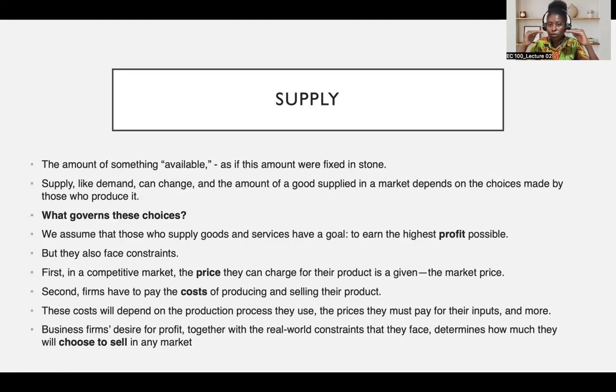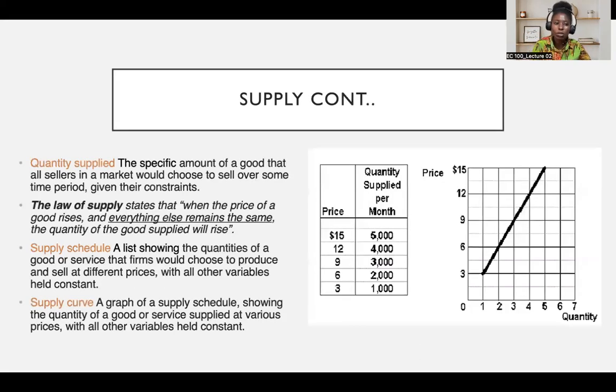So those two situations coexist. Again, simple definitions to help us work with supply. Quantity supplied now is that specific amount of a good that all sellers in the market choose to sell over some period, given the constraints.